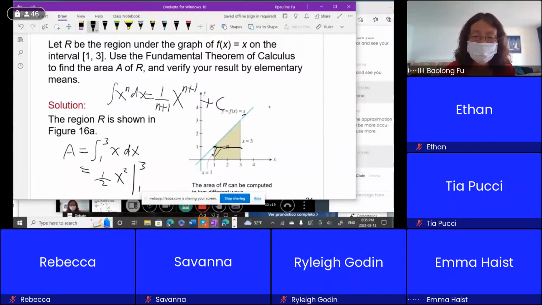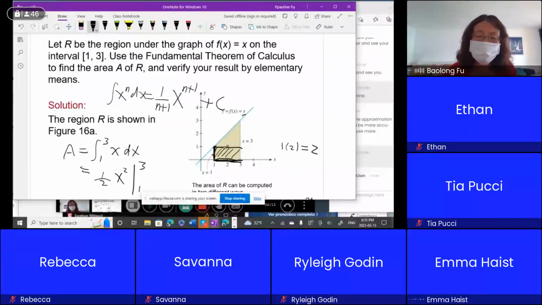So this part is a rectangle. This rectangle has height 1 and width 2, from here to here. So the area of this rectangle is 1 times 2 equals 2.